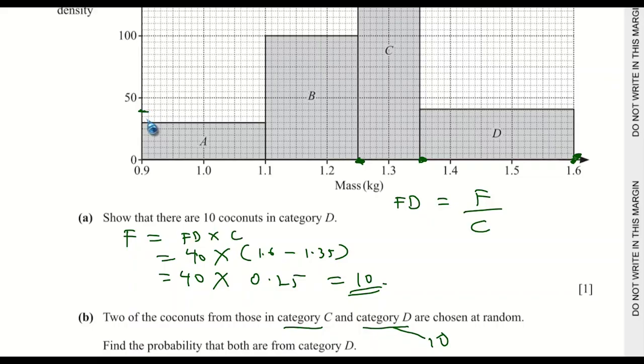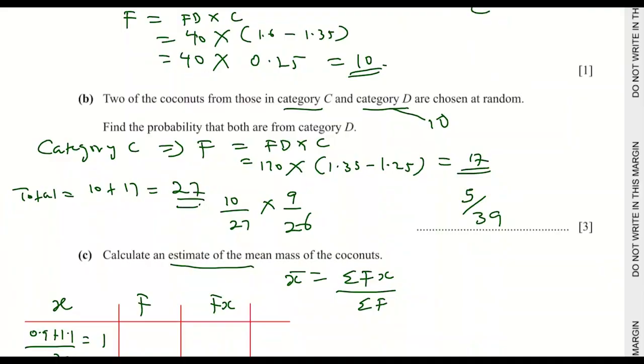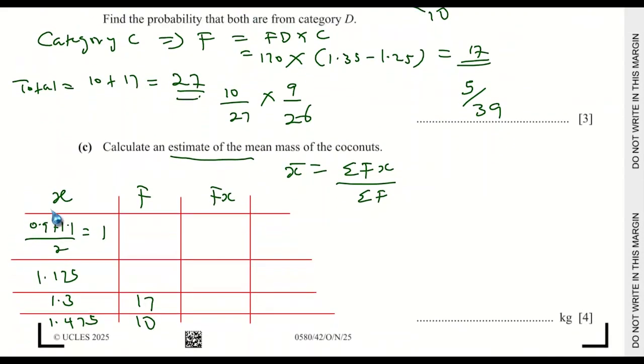So 40 multiplied by the gap here. That's what you need to do. I'll just put the final answers for you. You already know how to calculate the frequencies from the two examples I did. So this is going to be 6 and this is going to be 15.